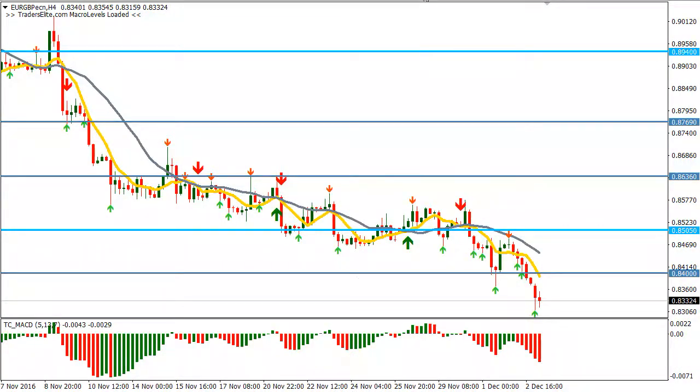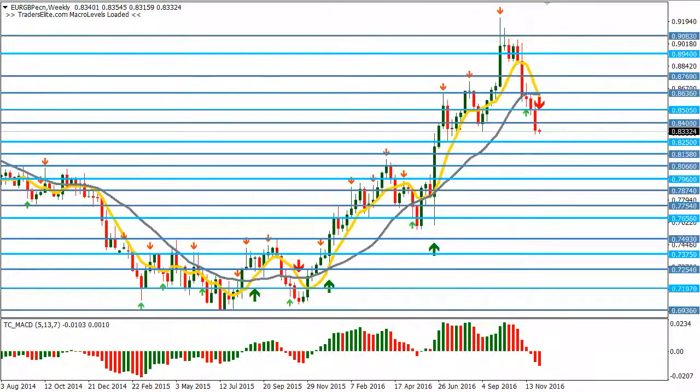Okay, euro pound. This is an interesting one because in the weekly you can see that although we've been bullish for quite some time, this is the first week where, if it closes at the end of this week at its current level or lower, or even a little bit higher, it's not going to make any difference. It is going to technically close in a new downward weekly trend.